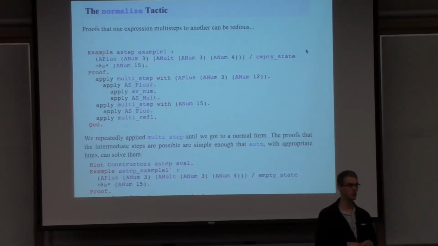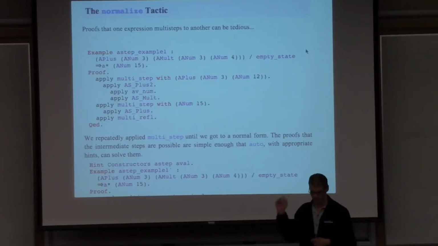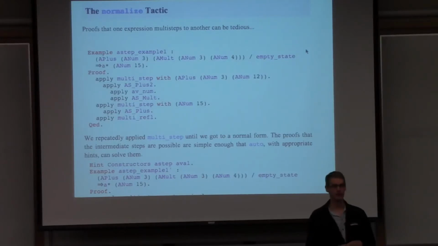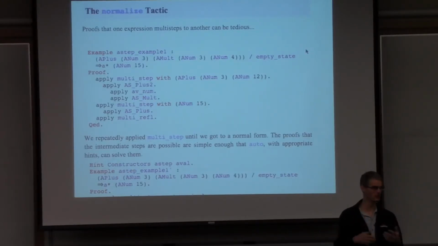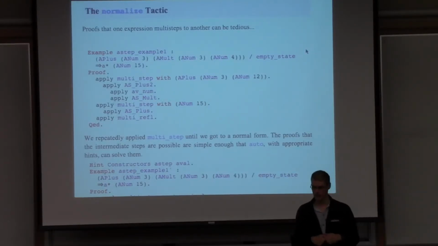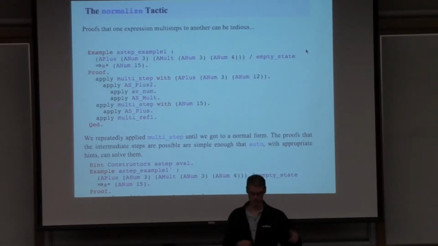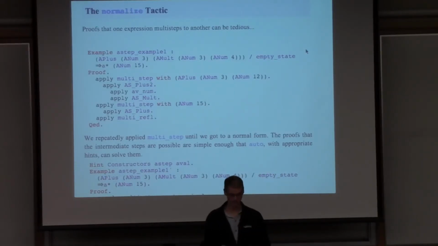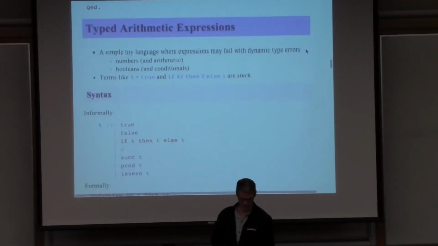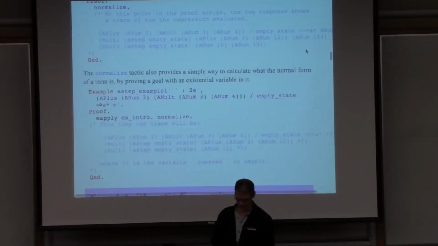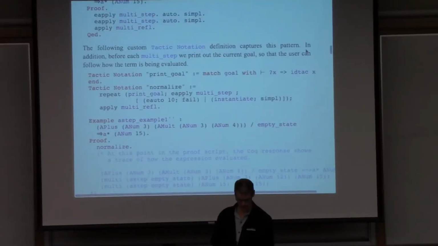And so you won't do much testing of your operational semantics if you have to do it that way. So this normalize tactic takes an inductive definition, a deterministic inductive definition, one that actually defines a partial function, and steps it. Okay. I think that's all I want to say about this file.